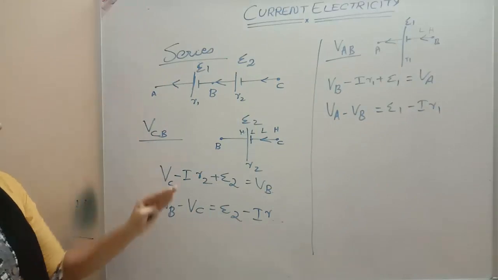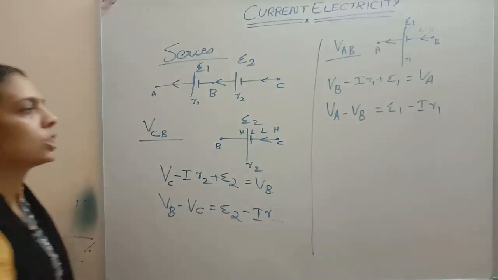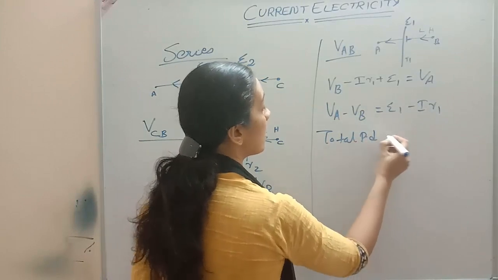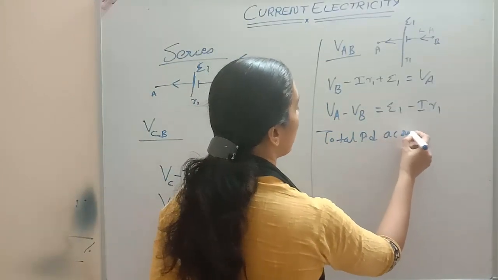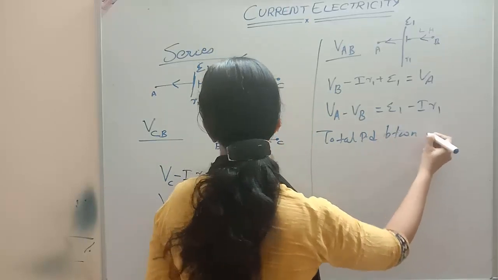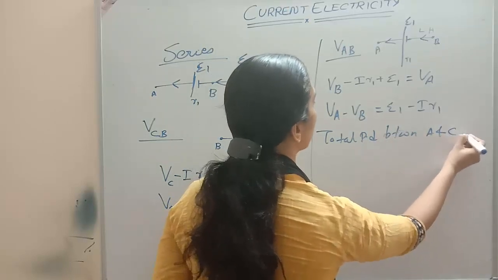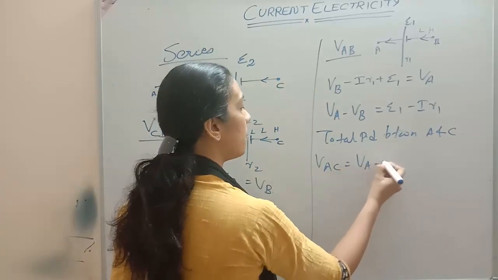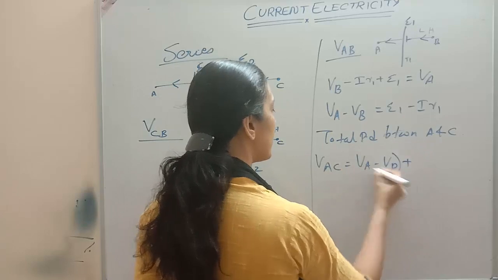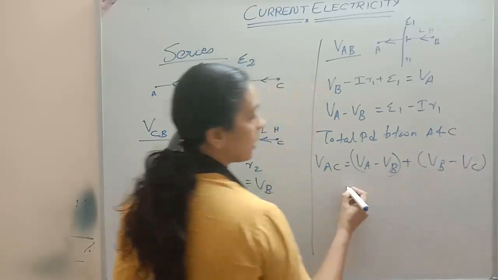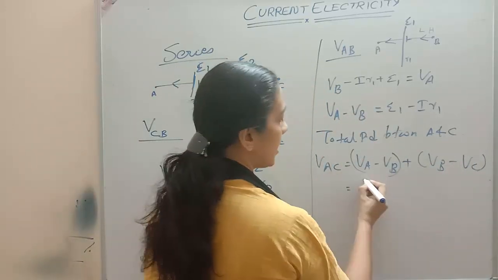So this is how the potential difference works. What will be the total potential difference between the terminals A and C? VAC will be equal to VA minus VB plus VB minus VC. Clear? Now what is VA minus VB?